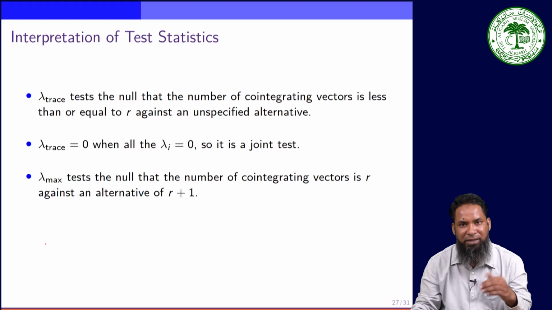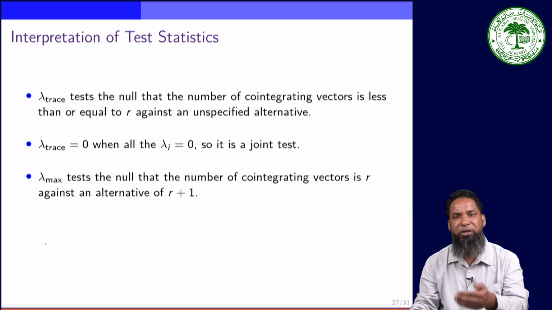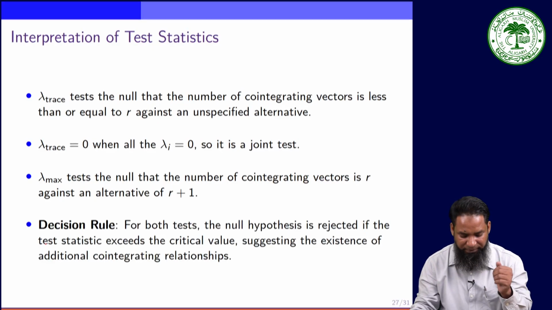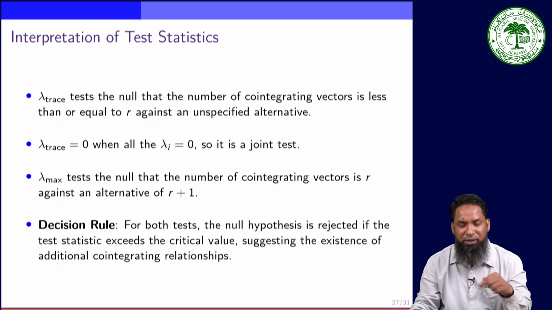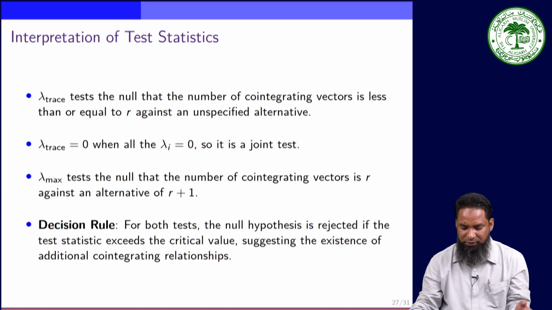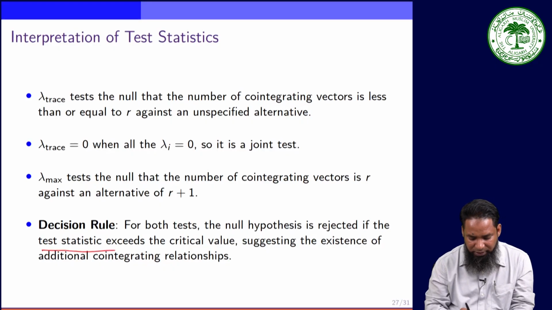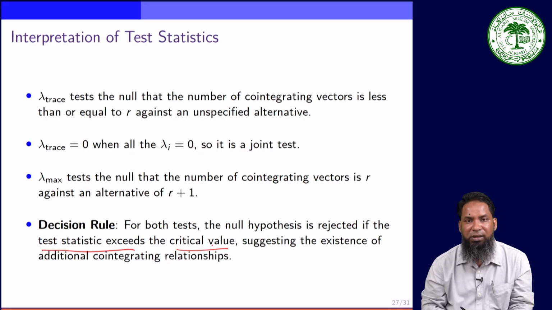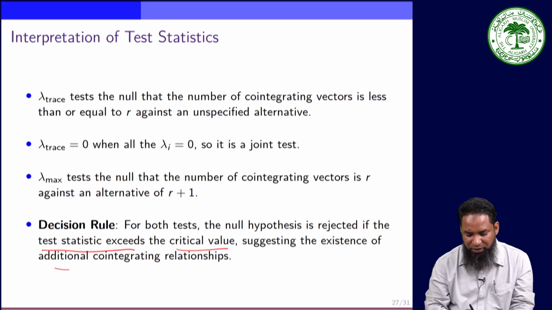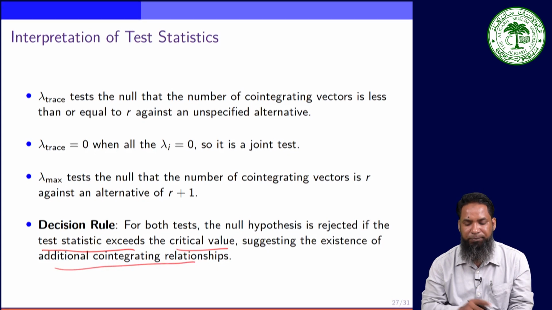Lambda max, that is the maximum eigenvalue test, tests the same null, that the number of cointegrating vectors is r, against the alternative of r plus 1. In both tests, the decision rule is this: the null hypothesis is rejected if the test statistic exceeds the critical value, suggesting the existence of additional cointegrating relationships.